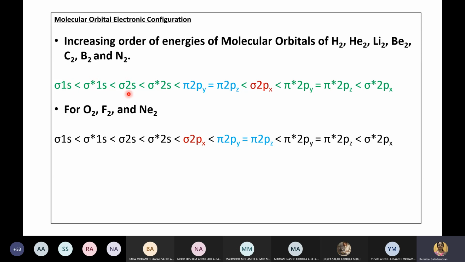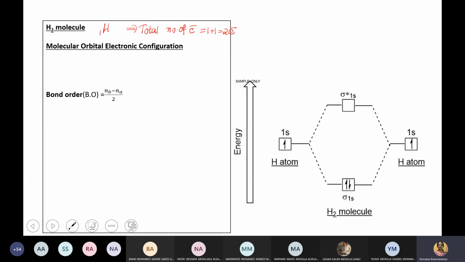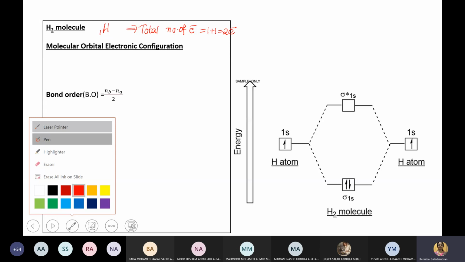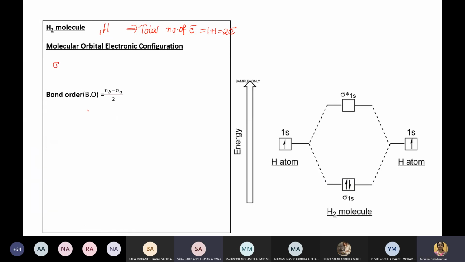Understood now? So how do you write it? We have 2 electrons, so we write sigma 1s2.